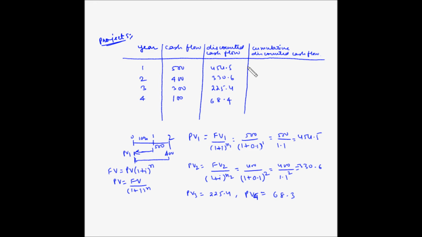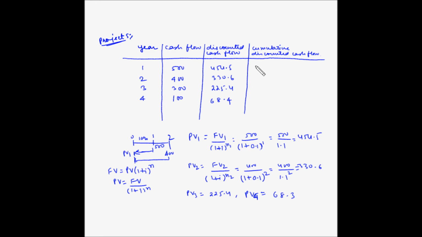Now, since we have to find out within how many years we'll be able to recover the original investment, we have to find out the cumulative cash flows at the end of each year, so that we come to know how much we have in hand at the end of that year.